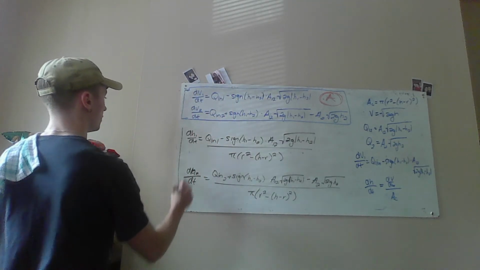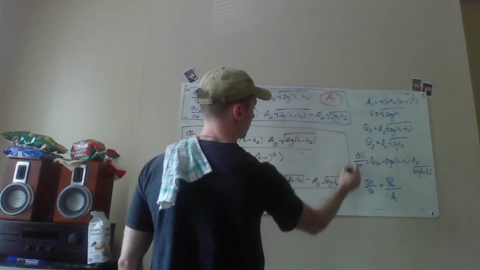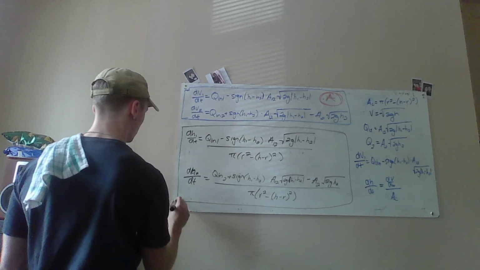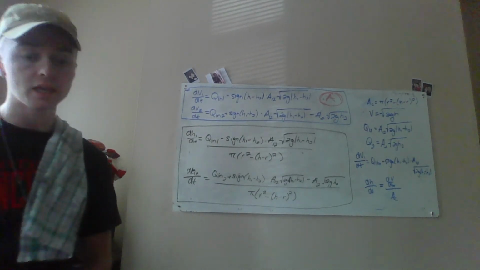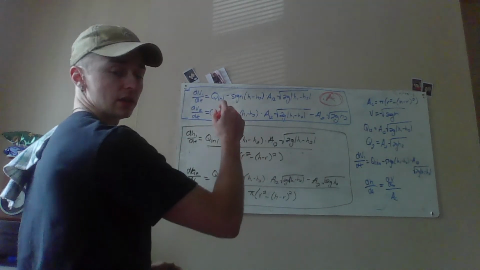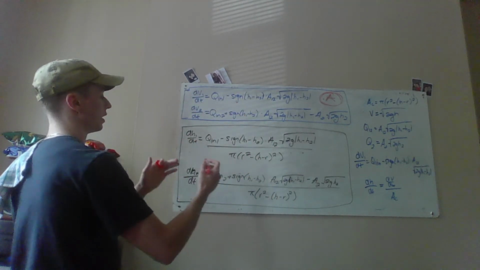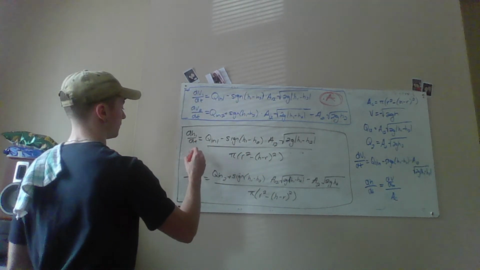So this is part B, and that is solving for the variation of fluid height for both tanks with respect to time.